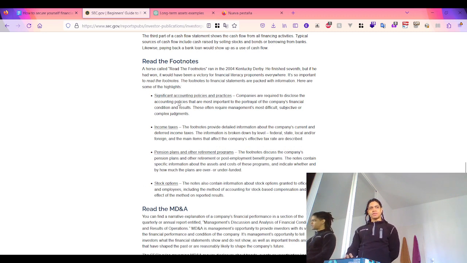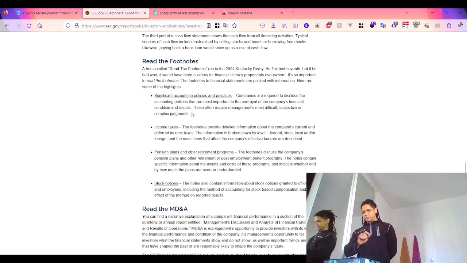So this is some of the data that is packed in the footnotes of a financial statement. Significant accounting policies and practice, because companies are required to disclose the accounting policies that are most important to portray the company's financial condition and results, and this often requires management to make the most difficult, subjective, and complex judgments.